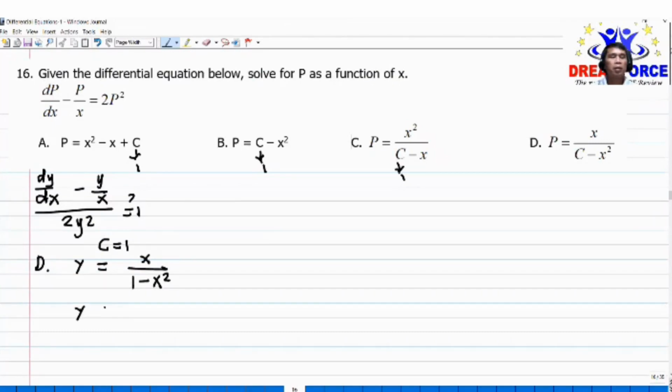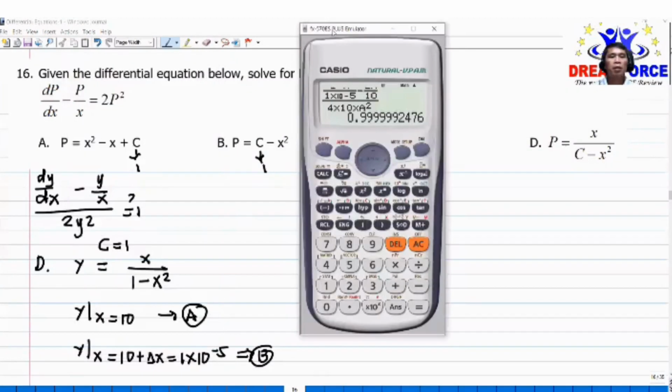So y, x is equal to 10, y value x is equal to 10 plus delta x, which is 1 times 10 to the negative 5. Okay. Store natin ito sa A, store natin ito sa B. So nakasolve na siya explicitly, so madali na lang yung ating trabaho.